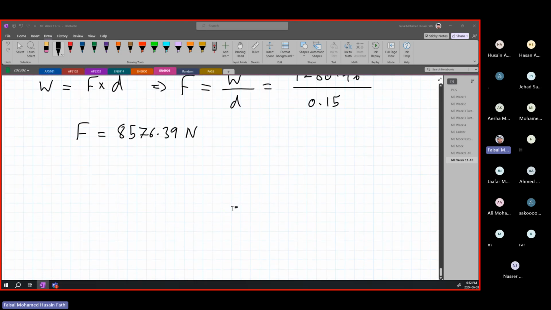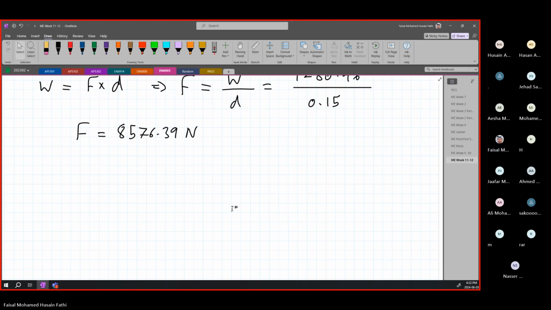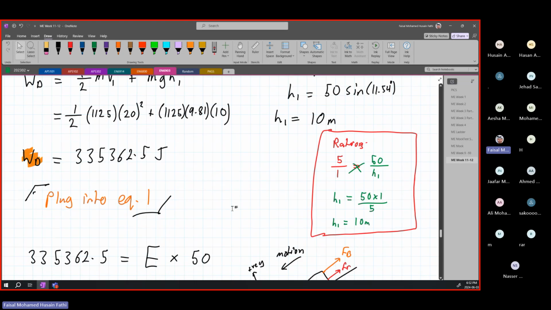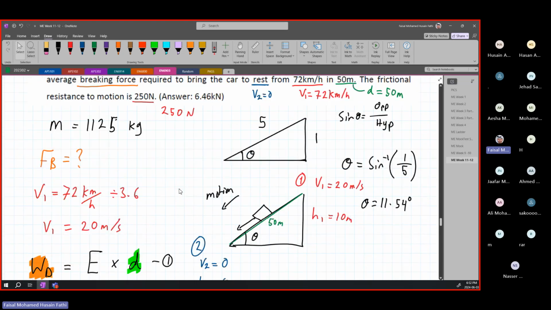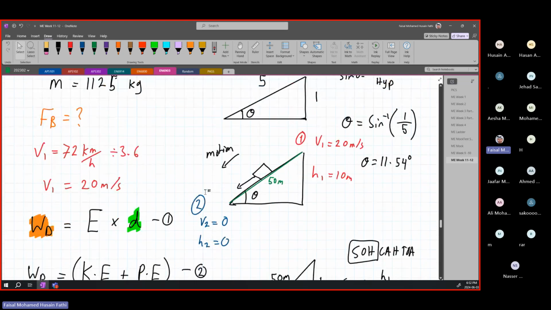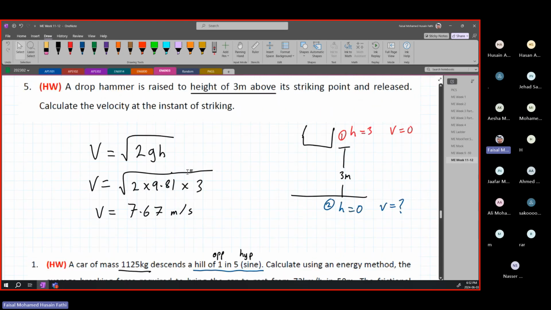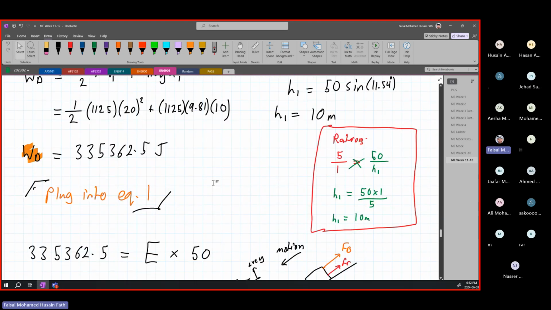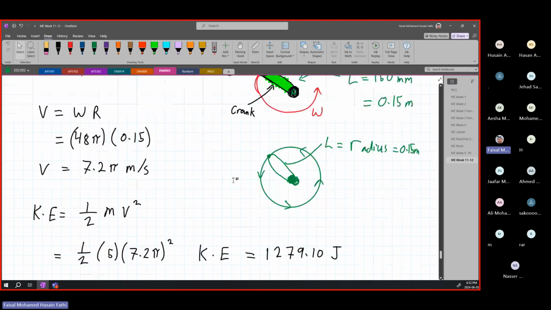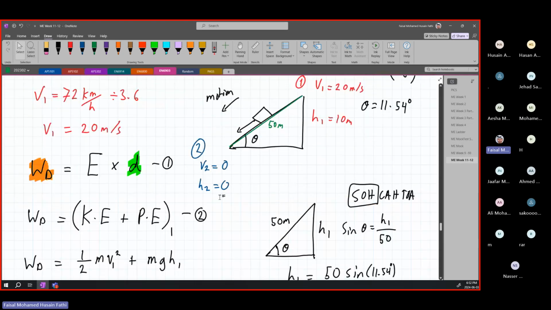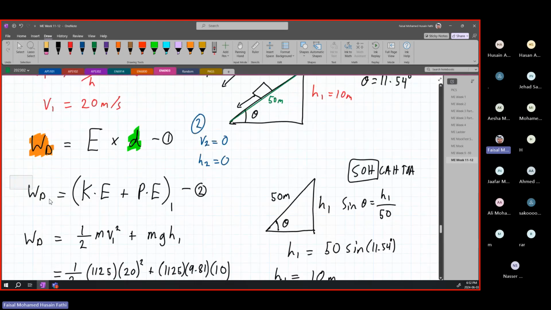And I believe we're going to see that a lot in questions 1 and 2. We used work is equal to energy. We didn't use work loss. There was no loss so far. Here, in this question, work done is equal to kinetic plus potential energy.